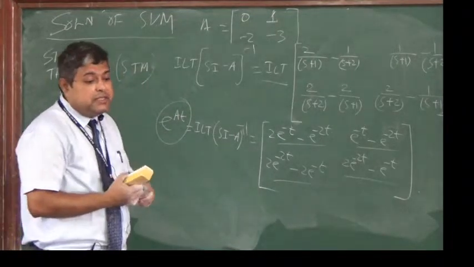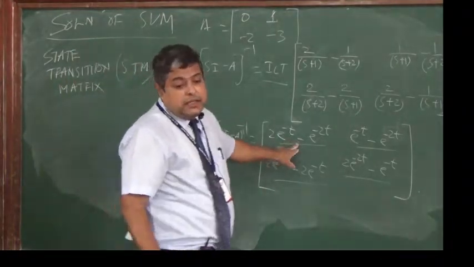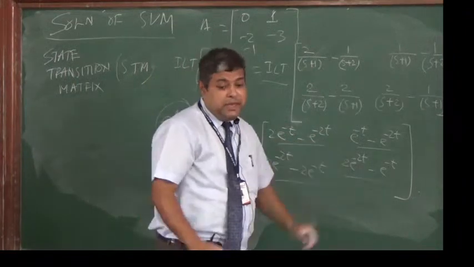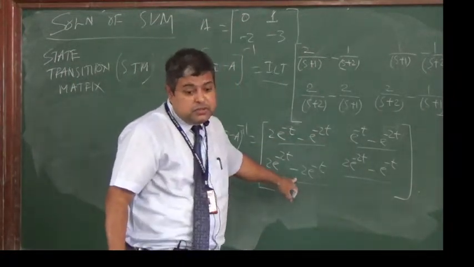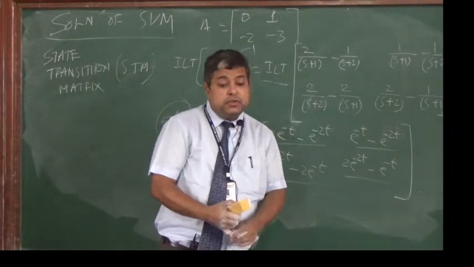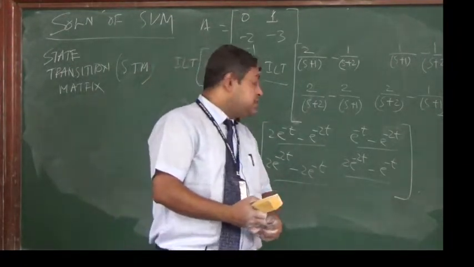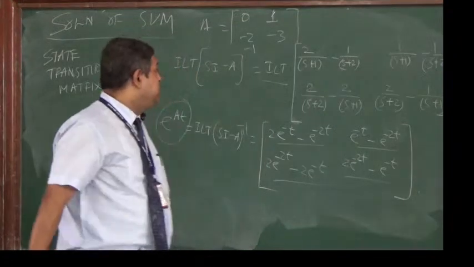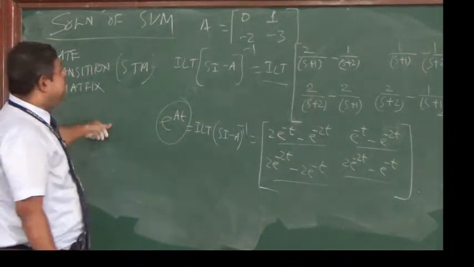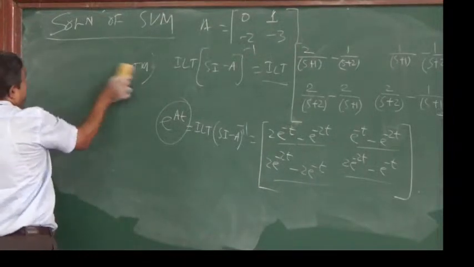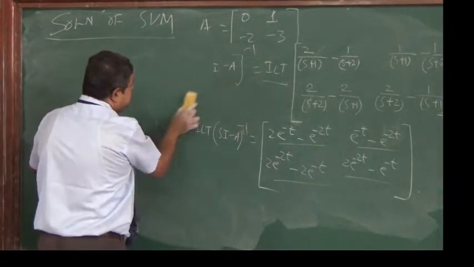So 2 e raised to minus t minus e raised to minus 2t, then e raised to minus t minus e raised to minus 2t, 2 e raised to minus 2t minus 2 e raised to minus t. The last term is 2 e raised to minus 2t minus e raised to minus t. That's it. So this is how to find the state transition matrix for any A matrix which is given to us.